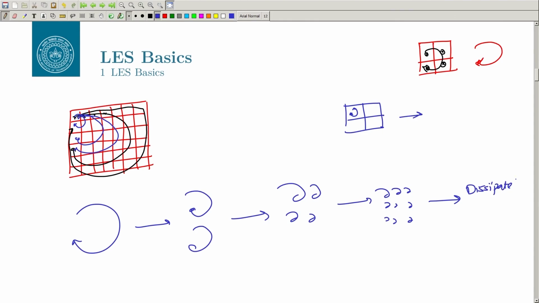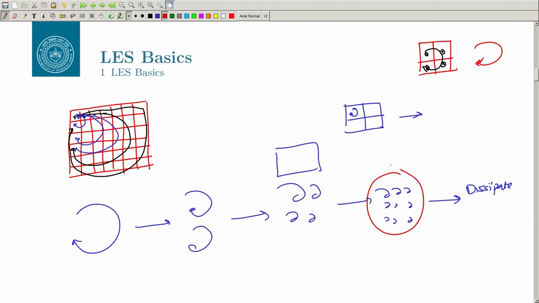Let us say you have a grid which can resolve only up to this scale, right. This is the finest grid that you have in your LES, right. But the dissipation is happening at this scale, right.